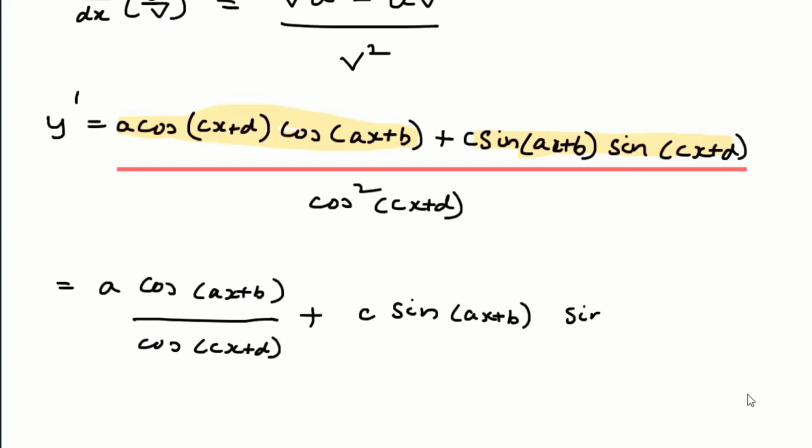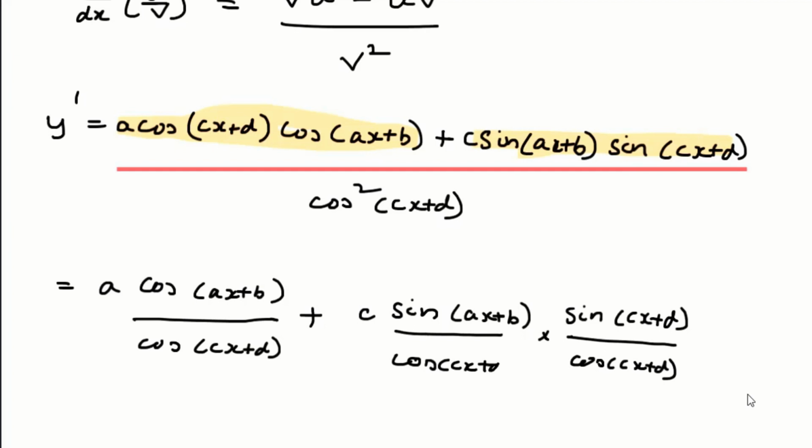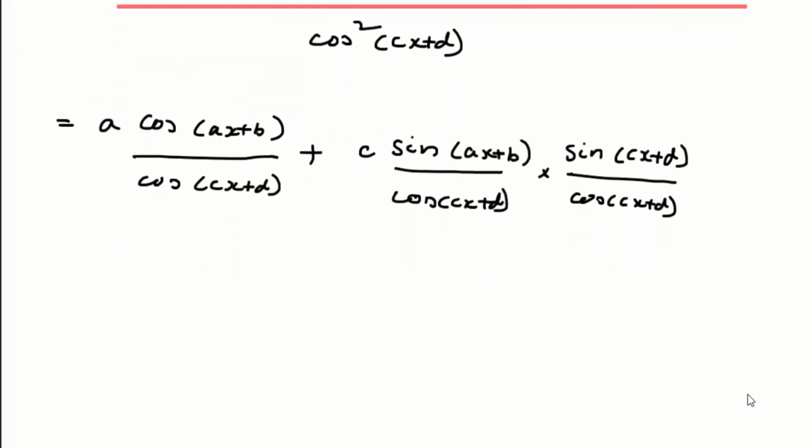So it is sin of cx plus d. I am not doing anything. I am dividing this cos square. This is only in the numerator, right? So here I am going to write cos of cx plus d. Here also I am writing cos of cx plus d. So I am splitting that square as x into x. Okay. So now what happens? To give the answer in a decent manner.